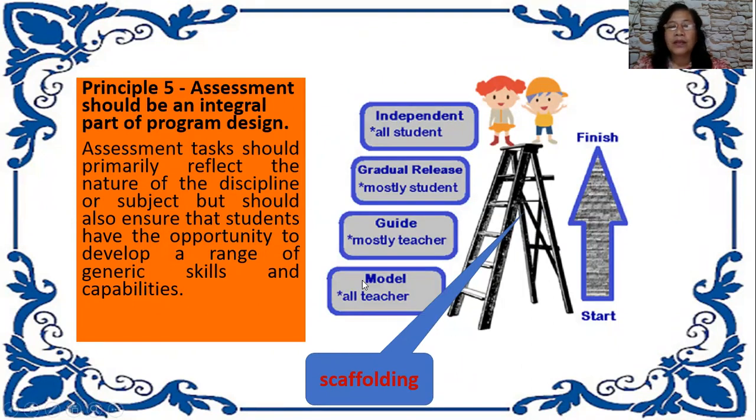Scaffolding. The teacher, or all the teachers, would be the model. And then mostly teachers should be the guide, or in a particular group or organization, there should be a guide, a coach, an advisor. Then later on, gradual release.